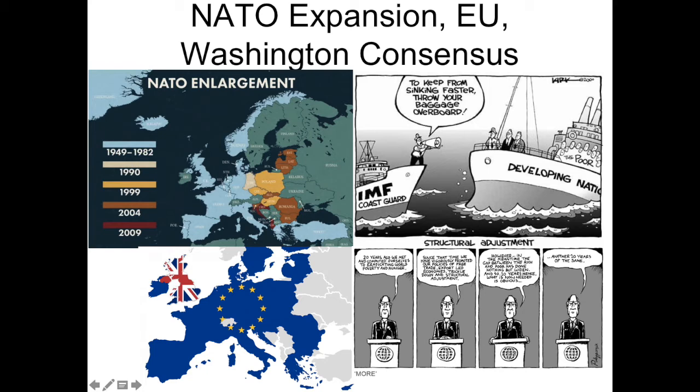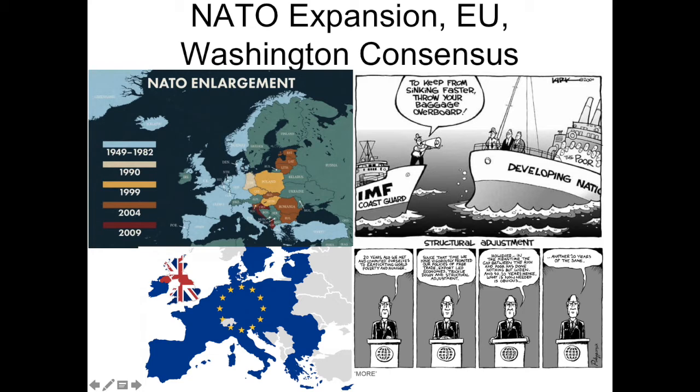The International Monetary Fund and the World Bank, then in the 1990s, really into the 2000s, start offering aid to developing countries, so countries in Africa, Latin America, and Asia, but it's conditional. The condition is that these governments have to implement their principles in their policies.